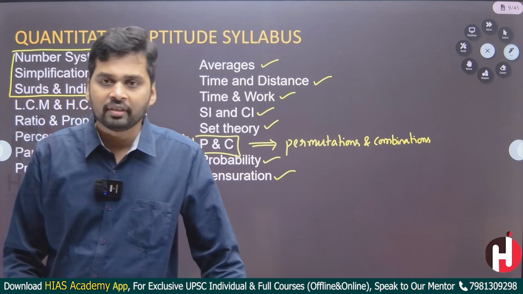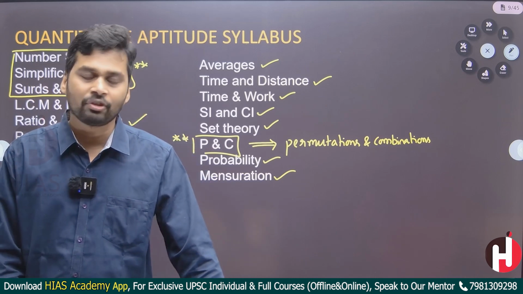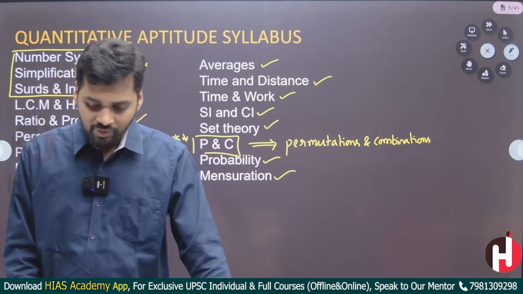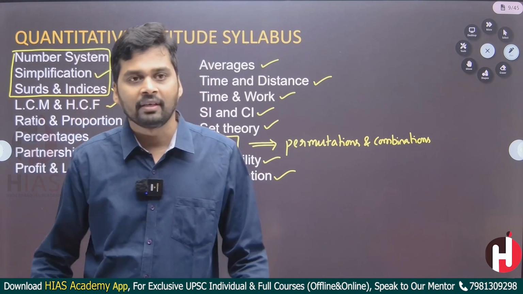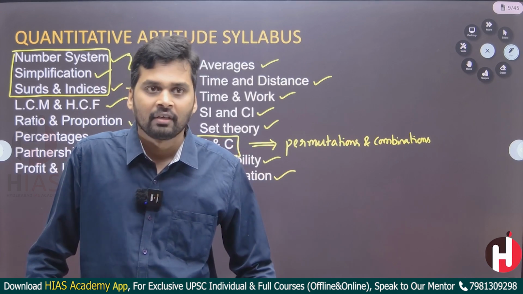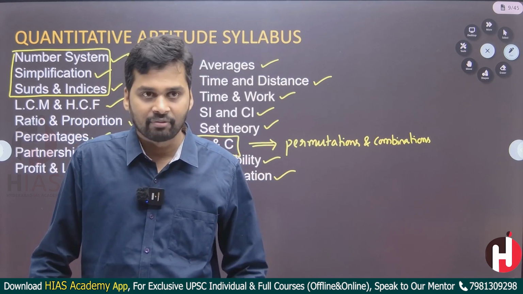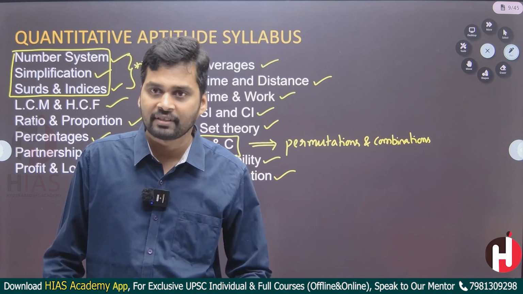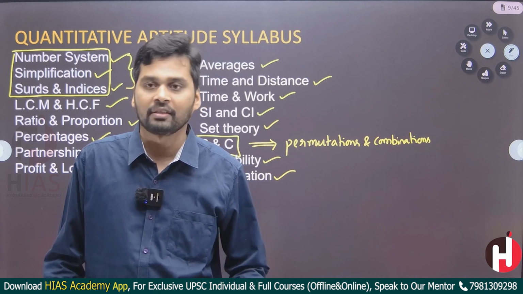For the last few years, the standard of questions, especially some questions, were really tough. Most of the students felt that it was IIT standard, but it's not IIT standard actually. It's CAT standard, I would say. The CAT exam is considered one of the toughest exams as far as aptitude is concerned.